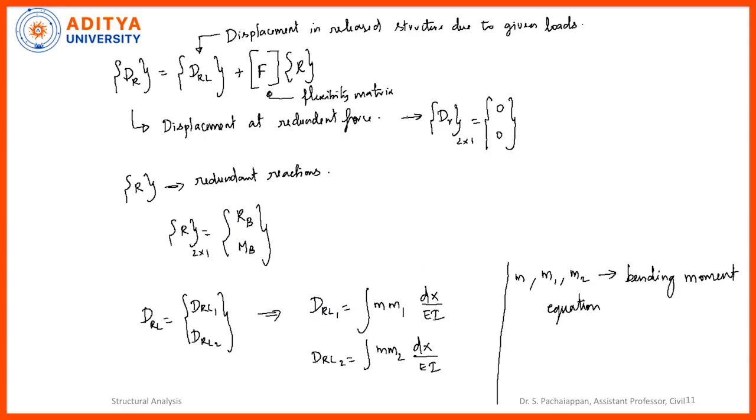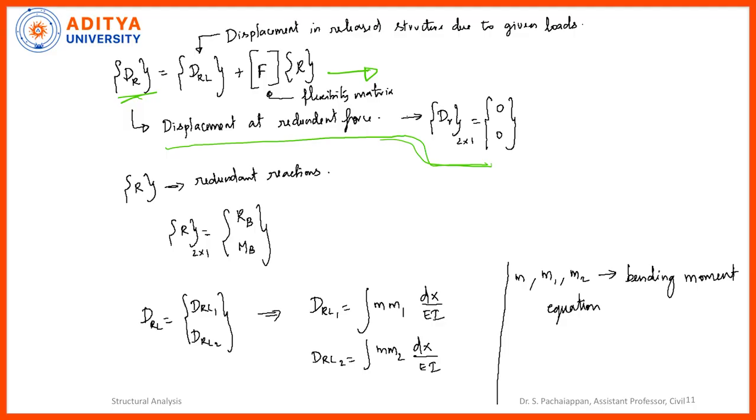Now, this is the equation for the flexibility matrix method. So I have written everything clearly. The D suffix R represents displacement at the redundant forces. For 2 degrees of freedom, for 2 unknowns, it is written as DR equal to 0, 0. Displacement at redundant forces means what? We considered support B as a redundant force.